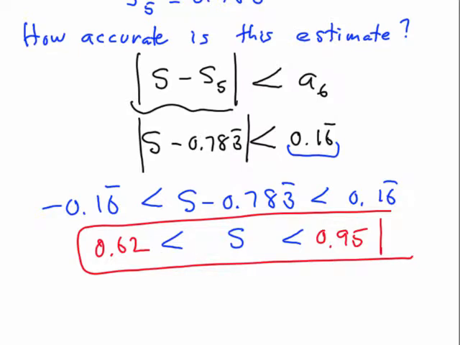So based on using the sum of 5 terms, we know that the actual sum is somewhere between those two values, which is still fairly large.